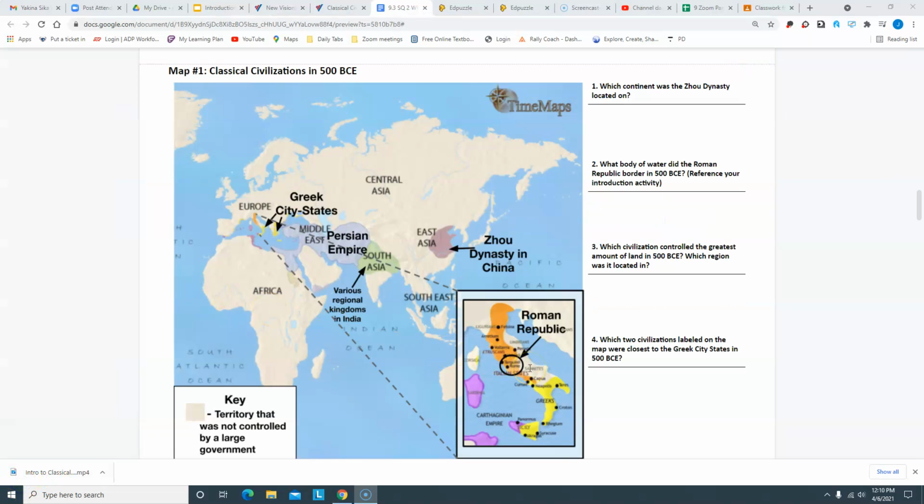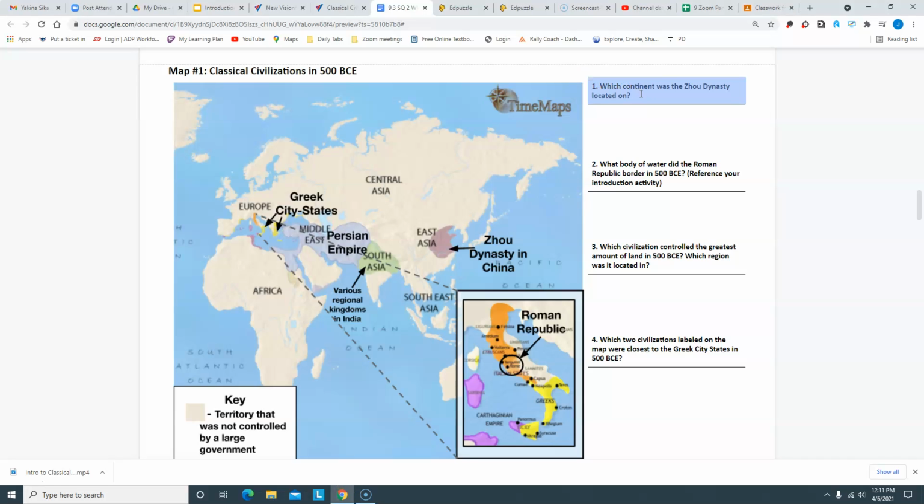All right, so this is a similar map of what you just saw, and kind of what I walked you through. So this is a classical civilizations map from 500 BCE. This is where our classical civs lived or were located, and what empire or dynasty was there. So in the Edpuzzle, what I'm going to have you do is answer question number 1.